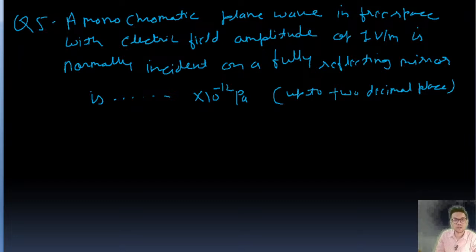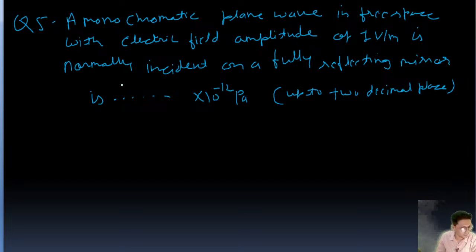So this is a monochromatic plane wave in free space with electric field amplitude of 1 V/m, normally incident on a fully reflecting mirror. So you need to find out this pressure, Pascal, right?